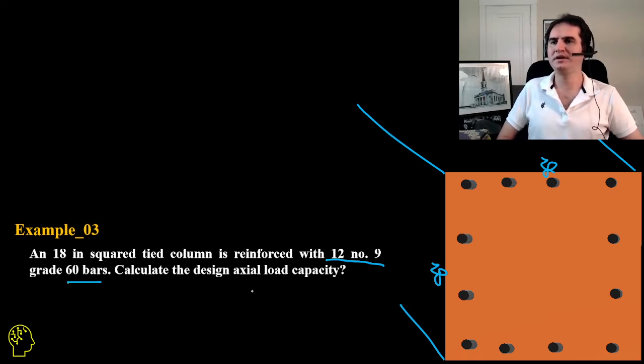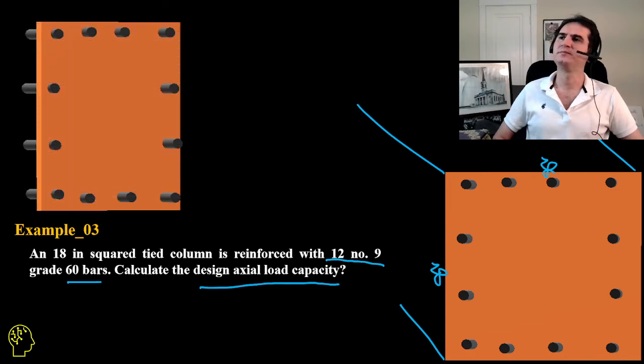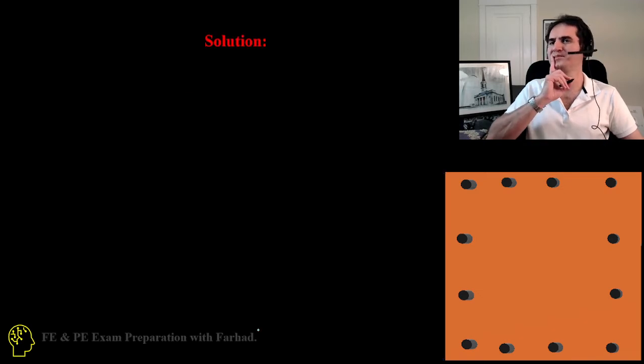Calculate the design axial load. Again, it is the same as the question in example number 2, but the difference is we are working with a square cross section. For grade 60 rebars, Fy is 60,000 pounds per square inch, and F prime C is provided to be 4,000.